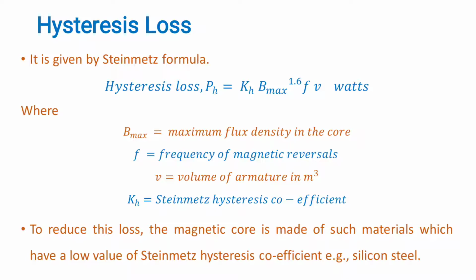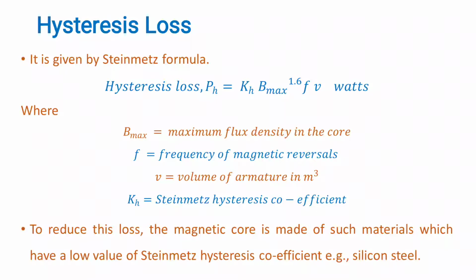The formula is given by Steinmetz. The hysteresis loss is P_h = K_h × B_max^1.6 × f × V watts. It is a loss of power, so it is in watts.